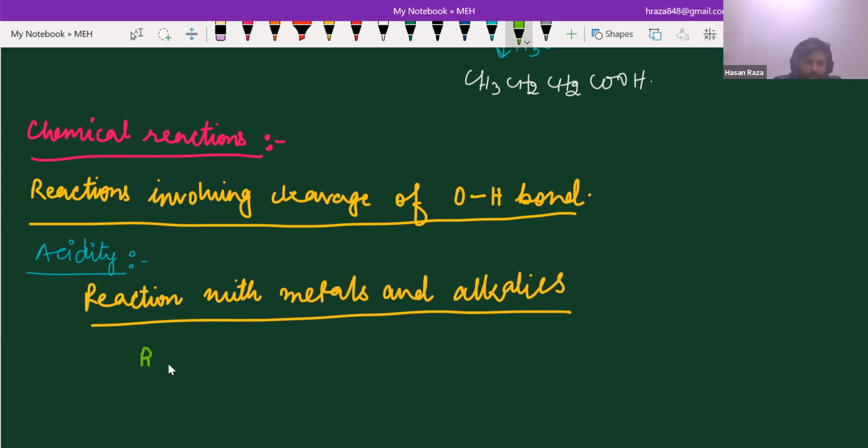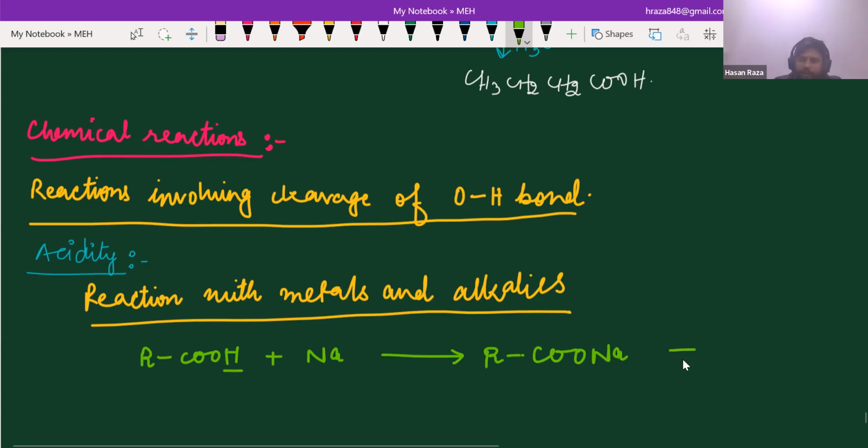If you have a carboxylic acid RCOOH and react it with sodium, the hydrogen will be replaced by this Na, and you will get a carboxylic acid salt and hydrogen will be released. In order to balance it, we just need to multiply it by 2.